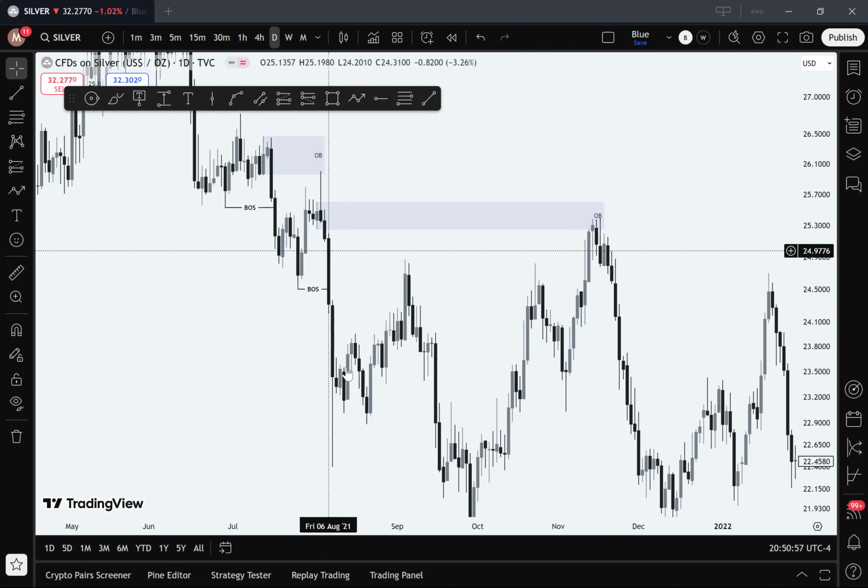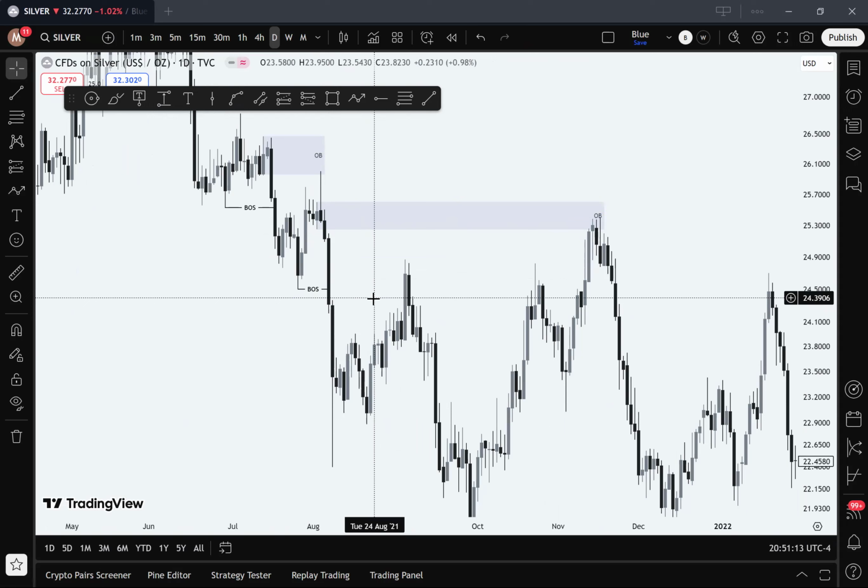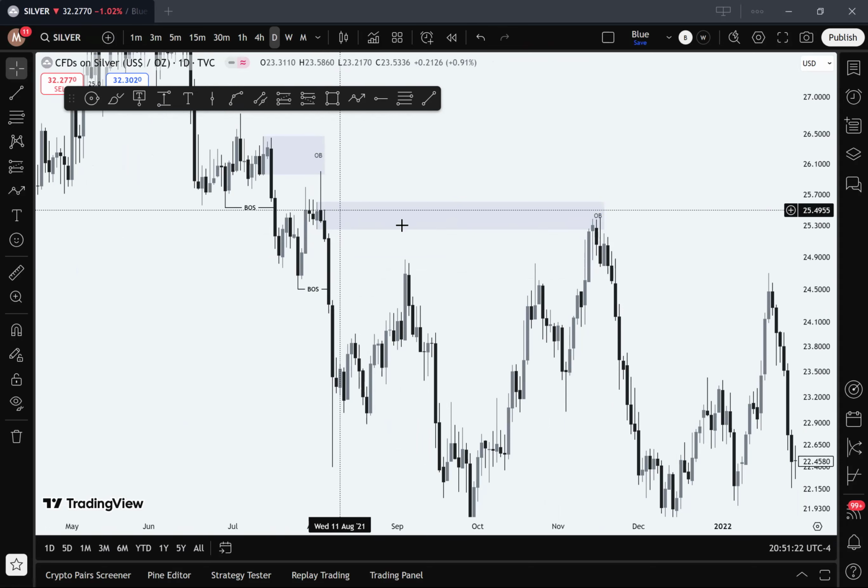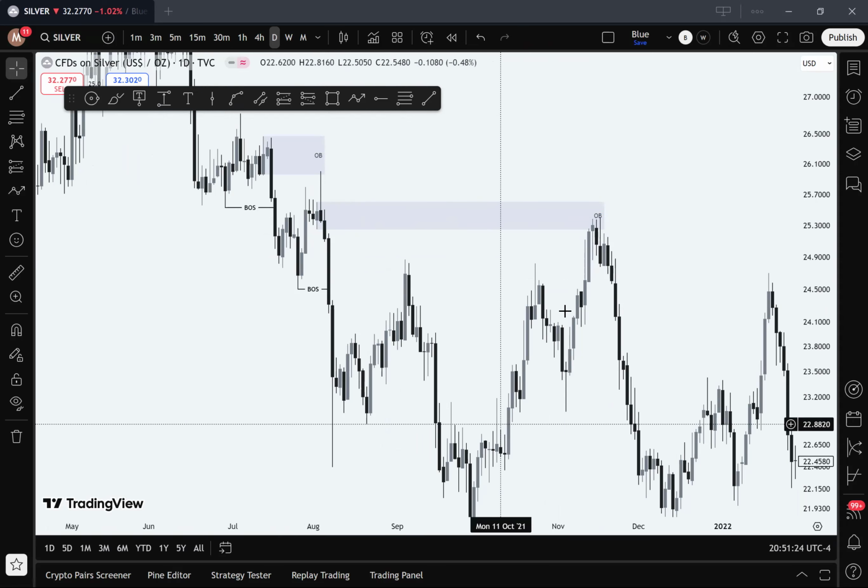And same applies to this too. Energetic move downwards, like no other candle was there, just successive bearish candles down to break structure right here. That is what shows you that this is a valid order block, because price is willing to actually leave that place fast. And that is why there are orders left behind for price to come and do what?